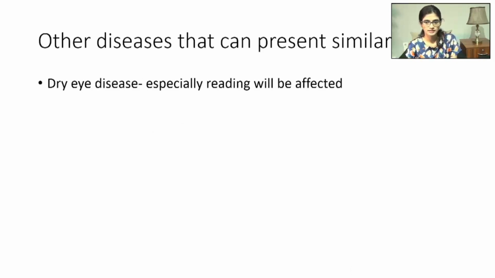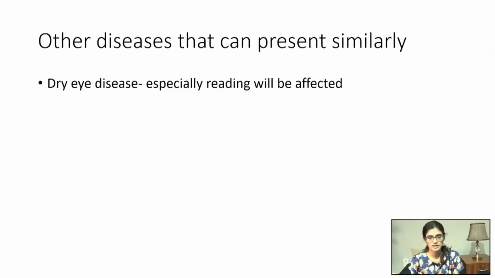Another important thing that we may miss is that even though they may not have refractive errors, they could be suffering from defective visual acuity because of dry eye. So, you might want to consider dry eye disease, especially in this day and age where we use a lot of screens to do our daily work.